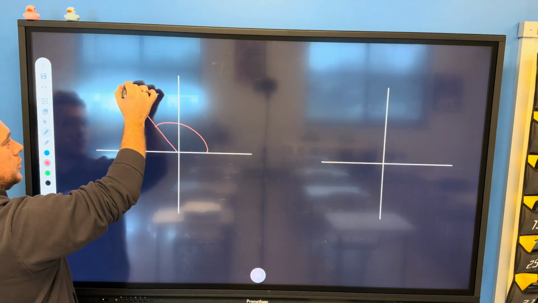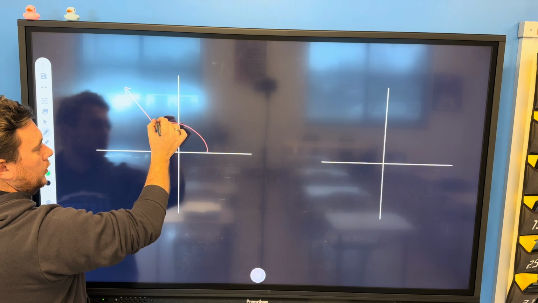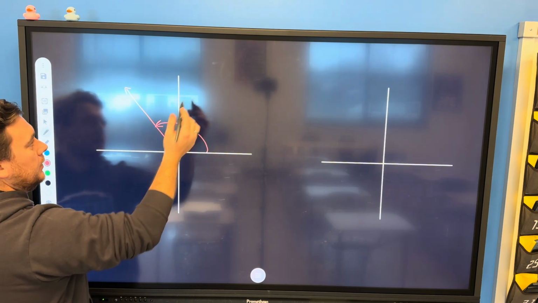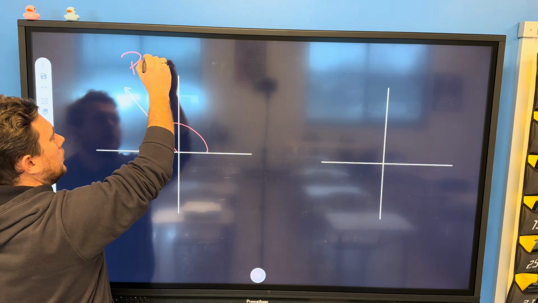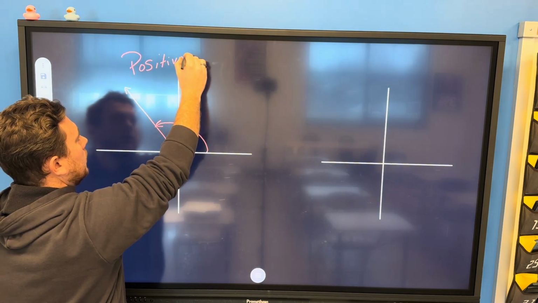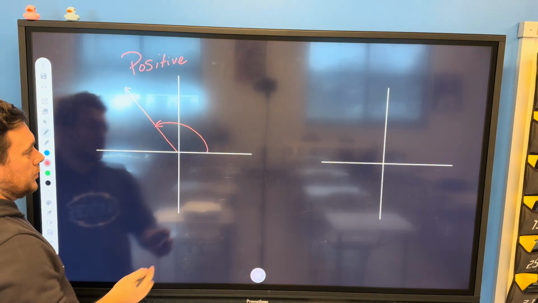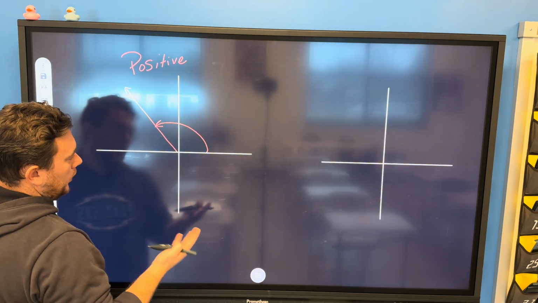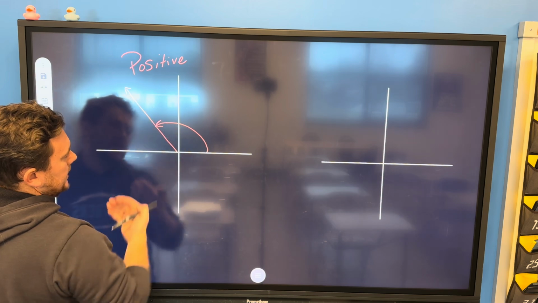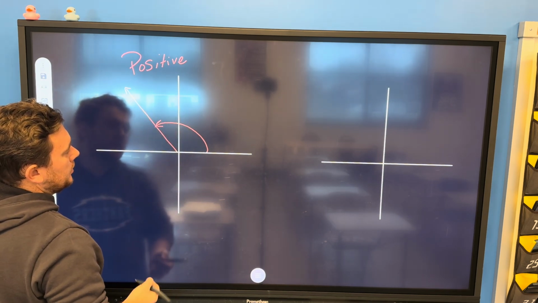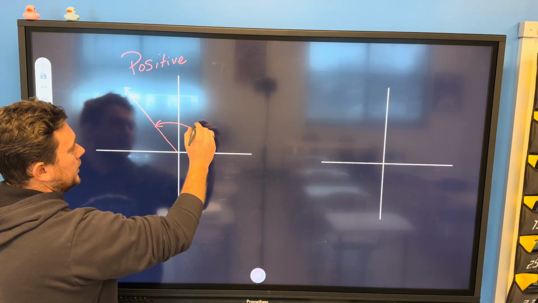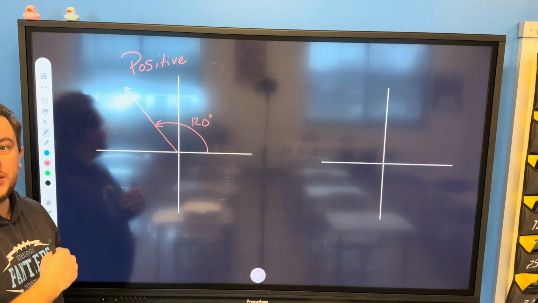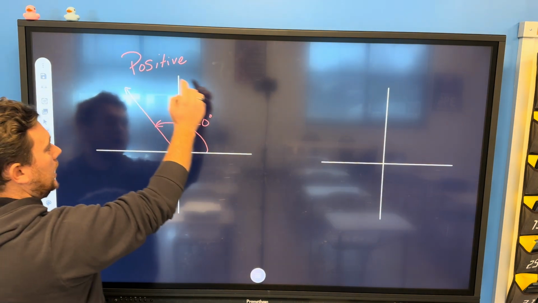And then there's the terminal side, right? So we rotated up and around, okay, to the left. This is positive, right? It's positive rotation. We're going to have a positive angle. So let's say I'm just going to make up whatever angle this is. We're past 90. Let's say we went maybe 30 degrees past 90, so that would be a 120 degree rotation, right? So this is a positive angle.